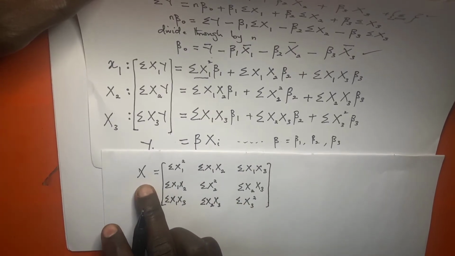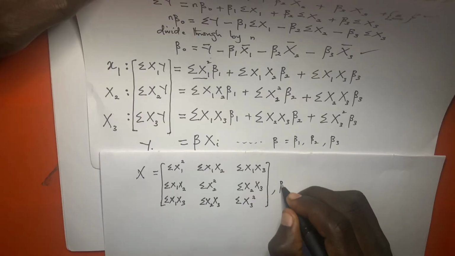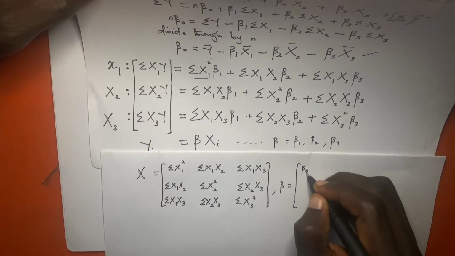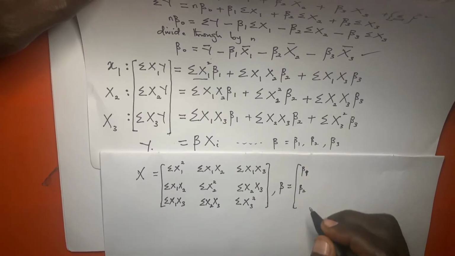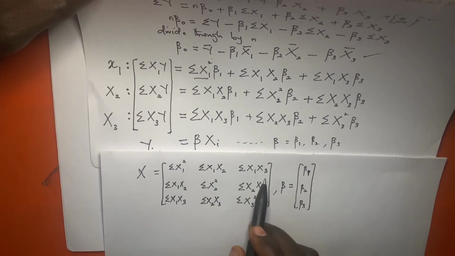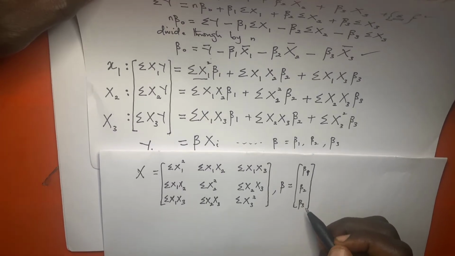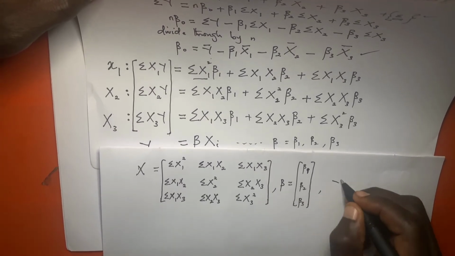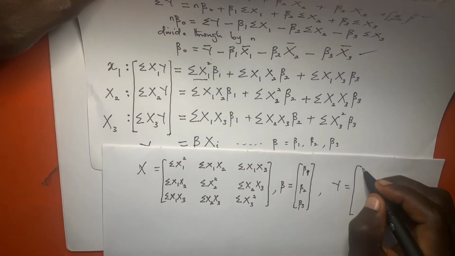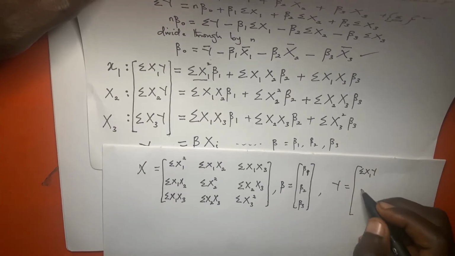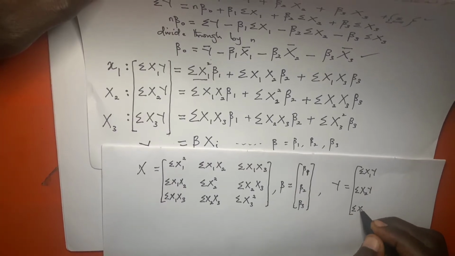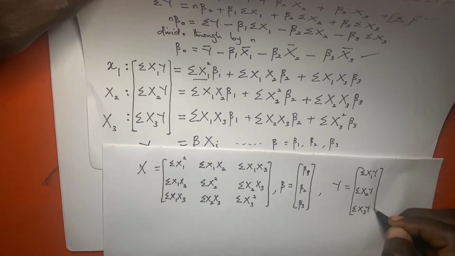That is the value for x. Then for the beta, what we are considering here is beta 1, beta 2, beta 3. Then we have our y right from here: summation x1y, summation x2y, summation x3y.